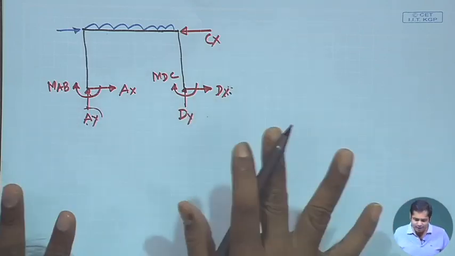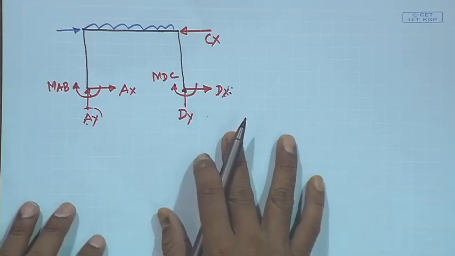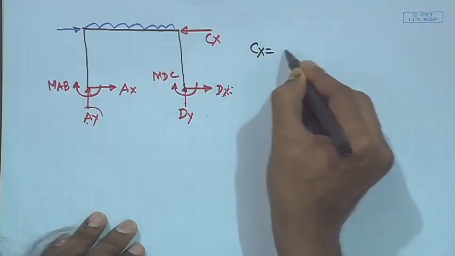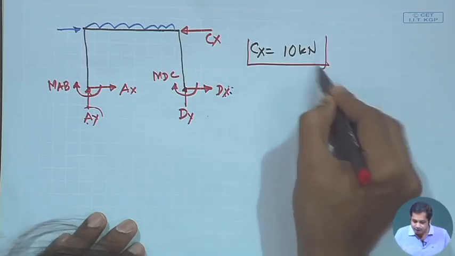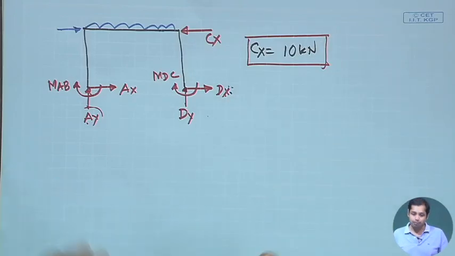So this is up to you which part you take and which free body diagram you take, and apply the equilibrium condition. There are many ways you can do this, but the main point is we need to find the support reaction, and we have obtained Cx is equal to 10 kilonewton. Okay. So this is the solution for the first sub problem.